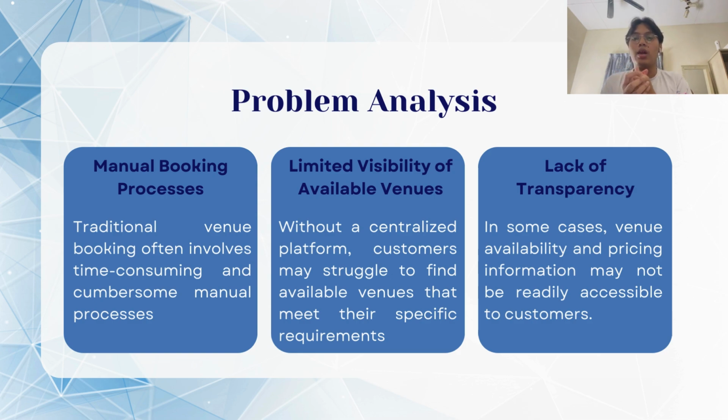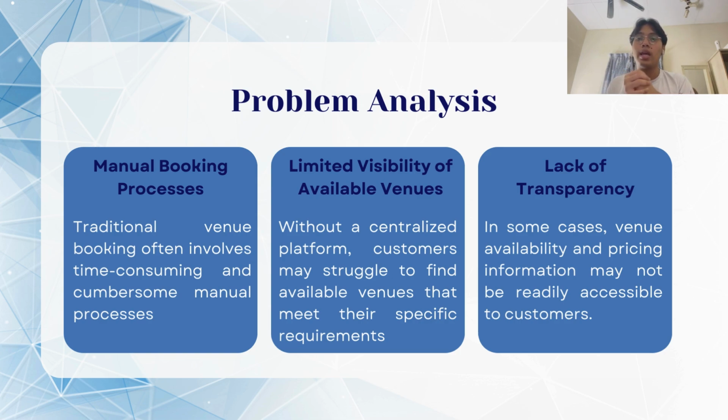They may need to rely on word-of-mouth recommendations from friends or anyone they know, make physical visits to the venues they want, or search through multiple websites or directories, which can be time-consuming and frustrating.